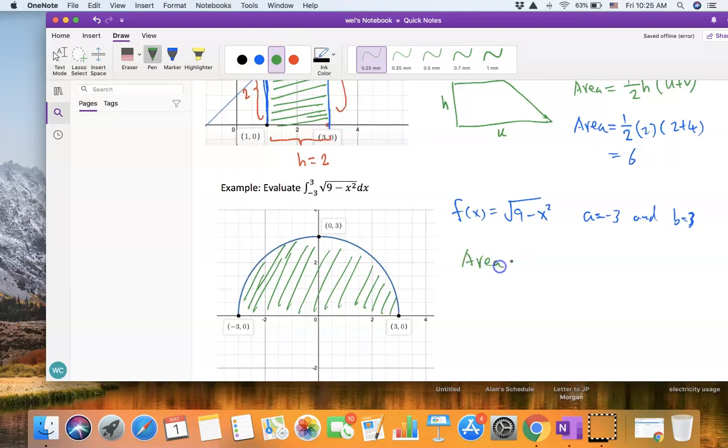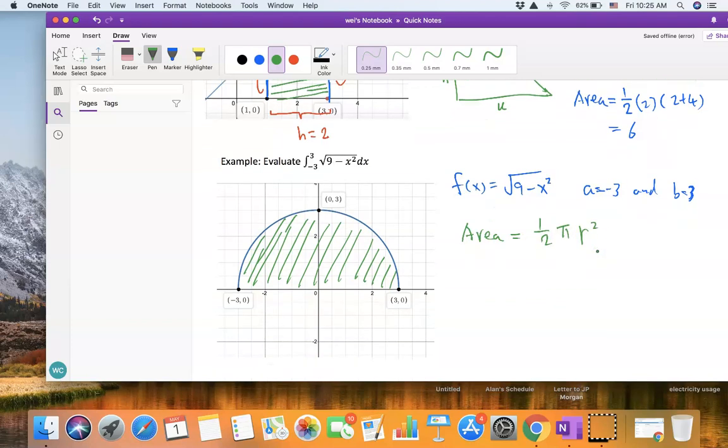And since the area of a semicircle is 1/2 times pi r squared, to find the area of this bounded region, we just need to know what the radius is. So the radius equals 3.